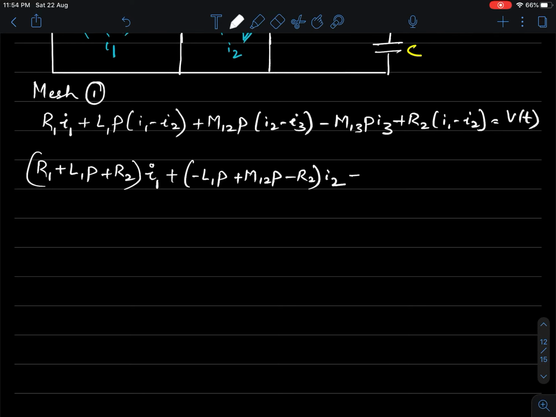Terms containing I3 would be minus M12P minus M13P into I3, equal to V of t. Equation 1.